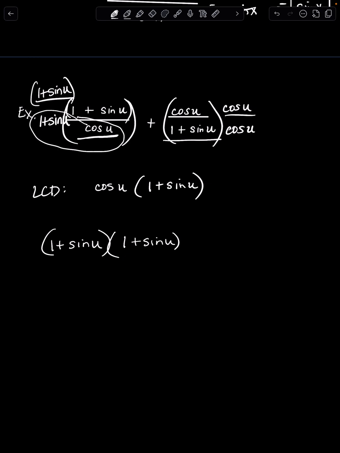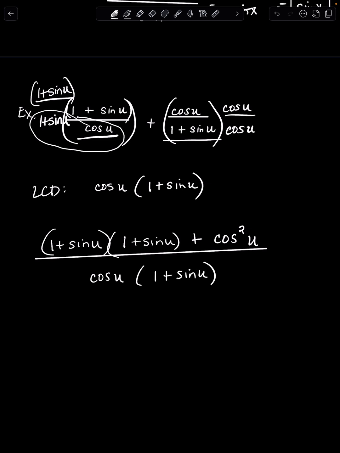In the second fraction, I've got cosine of u times the cosine of u, or cosine squared of u, and all of that is over my common denominator, which is the cosine of u times 1 plus the sine of u. All right, now your intuition may be wanting to cancel one of those 1 plus sine of u's out, but you can't. You can only cancel if you're multiplying. And see, we're adding here, so I can't do that yet.